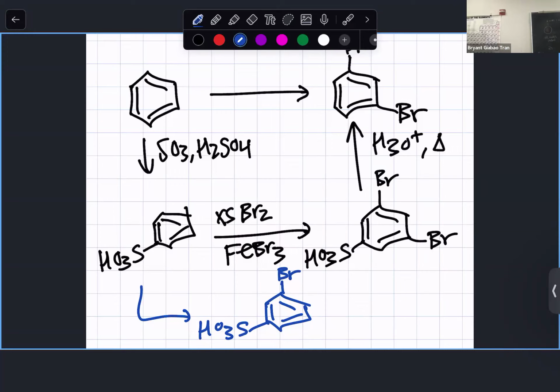So I would say this takes priority over the SO3H. So the second Br would be ortho or para to that Br, which the second Br would be here or here. But that's how I got confused. Right. So I think this is still acceptable though. Like when you put excess Br, the Br should be meta to that, but I'm not too sure of that. Okay. Is this what you guys got as well for the synthesis? Nice, nice. Okay.